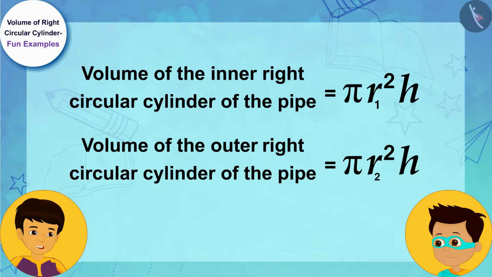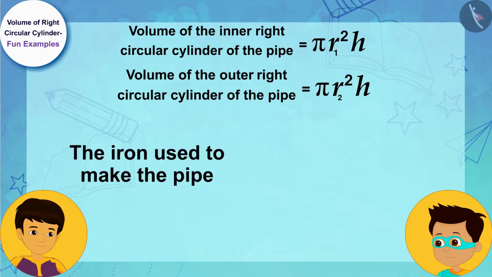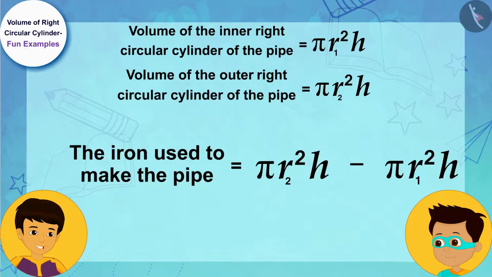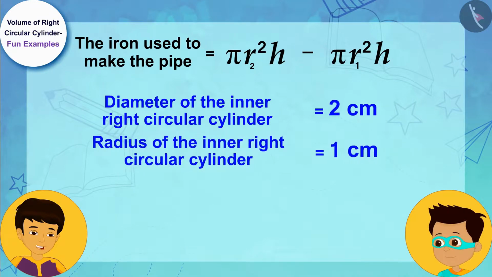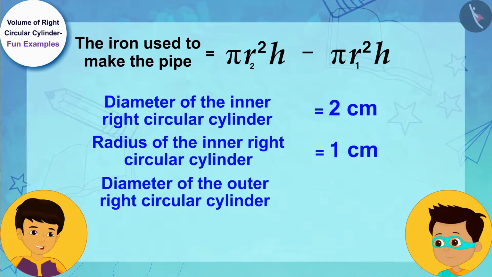As I told you earlier, the iron used to make the pipe is equal to the difference between the volumes of its outer and inner right circular cylinders. The diameter of the inner right circular cylinder part of the pipe is 2 centimeters. That is, its radius will be 1 centimeter. And the diameter of the outer right circular cylindrical portion of the pipe is 2.5 centimeters.